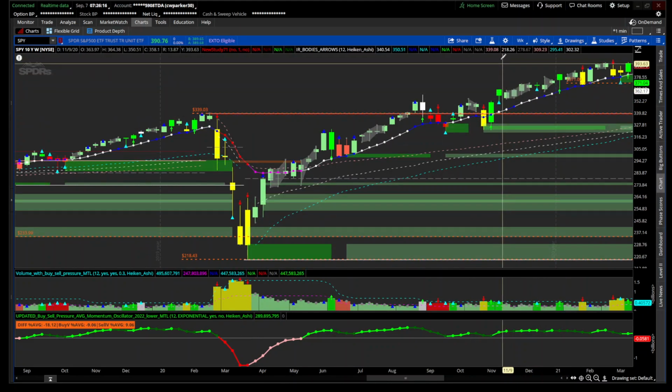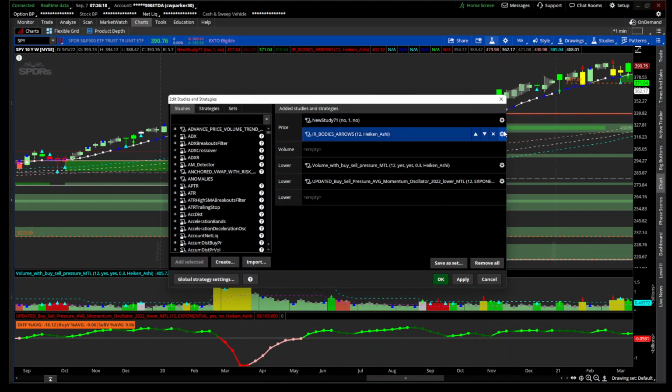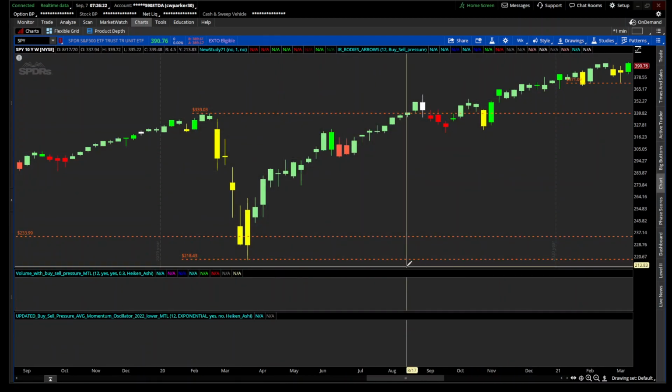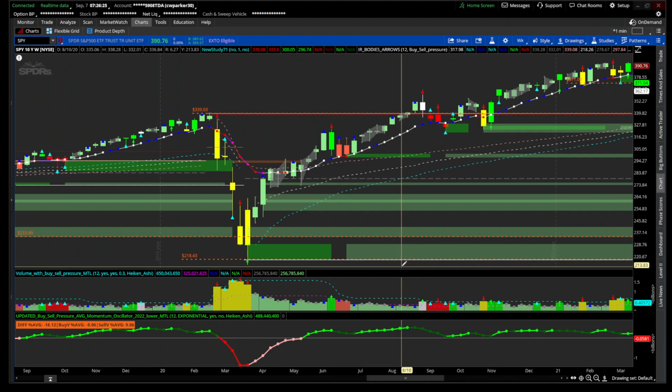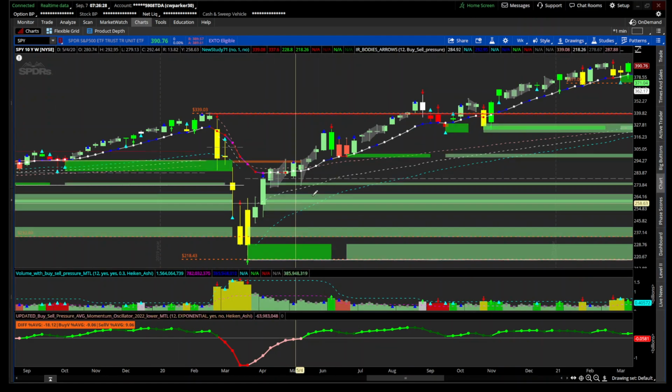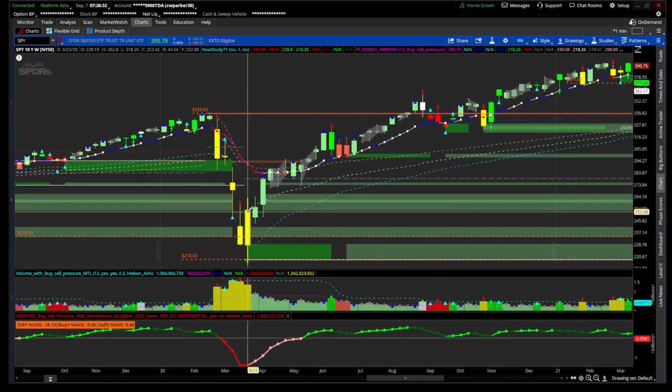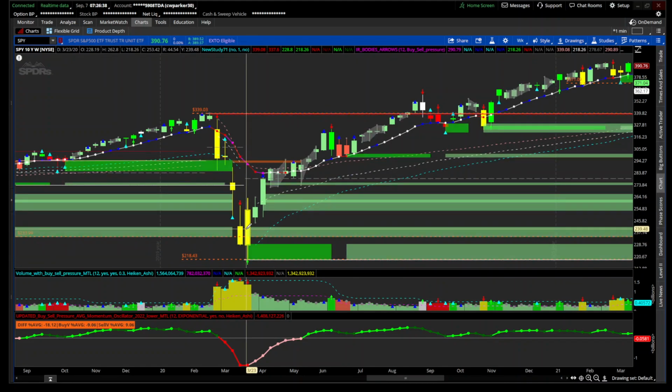And because I have this on Heikin Ashi, it's not as accurate on Heikin Ashi. But you can see right here, you don't have that second red candle. And you actually got a big green candle, right? Volatility to the buy side actually came in.